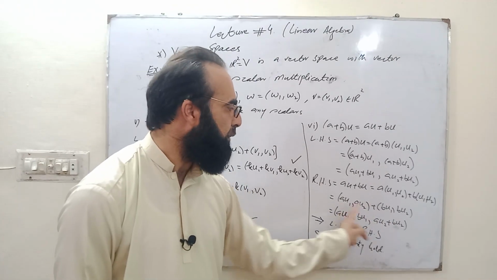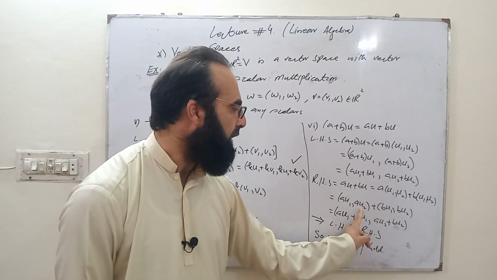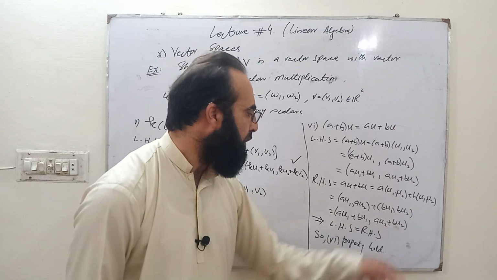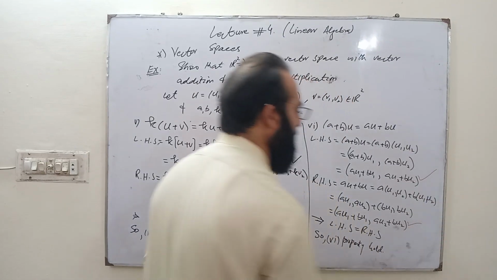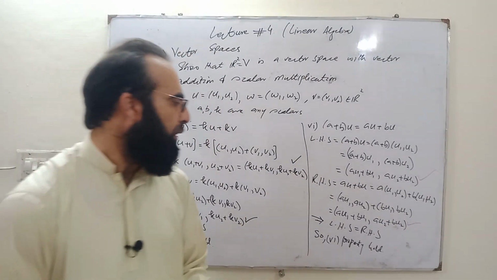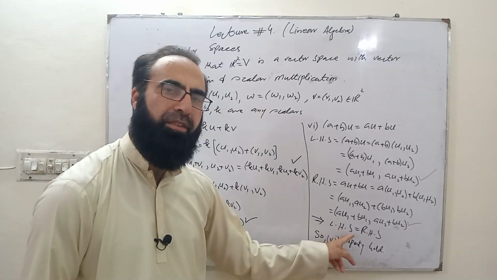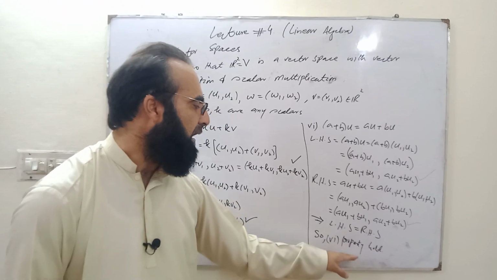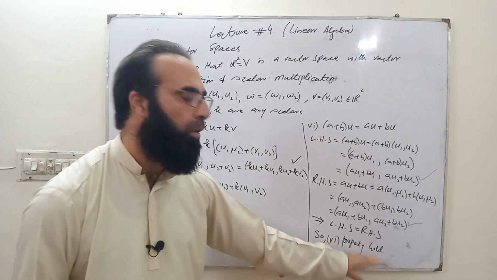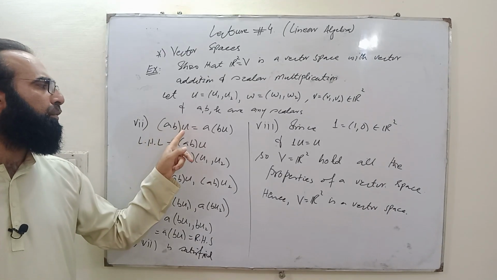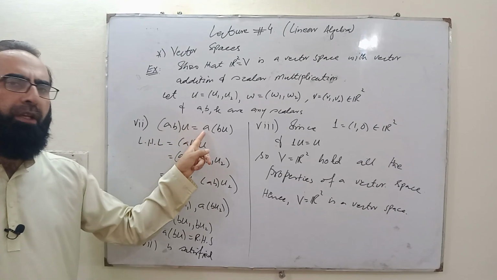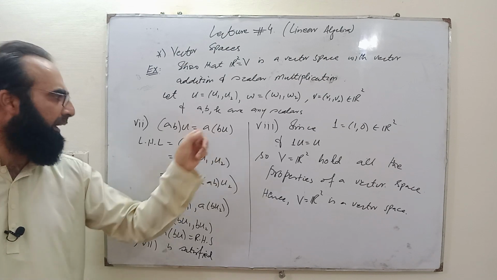We get au1 plus bu1 and au2 plus bu2. Now check these results of left side and right side. Both are same. So this implies that left hand side is equal to right hand side, and this sixth property holds. Now the seventh property is (ab) times u vector is equal to a times (b u) vector.